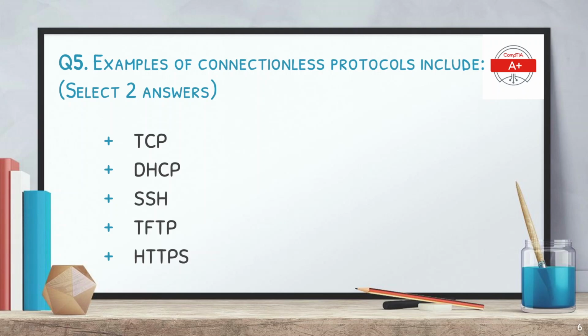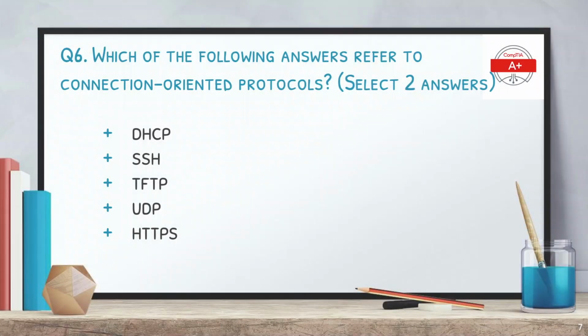SSH, as we have studied in a previous video, is used for remote management of network devices, so again, this is a connection-oriented protocol. TFTP, yes, it may be, and the last option is HTTPS. HTTPS is used in the web browser for displaying web pages, so again, it is a connection-oriented protocol. So our correct options are DHCP and, yes, TFTP.